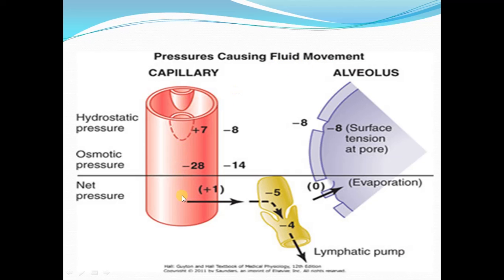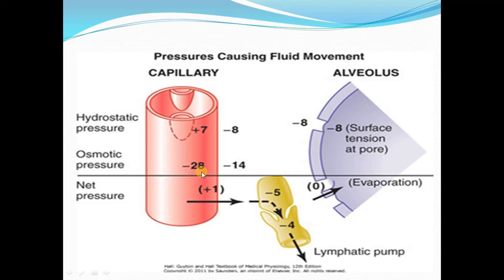This is the pulmonary capillary, this is the interstitium, and this is the alveolus. Pulmonary capillary hydrostatic pressure is 7 millimeter of mercury. The pulmonary capillary colloidal osmotic pressure is 28 millimeter of mercury.